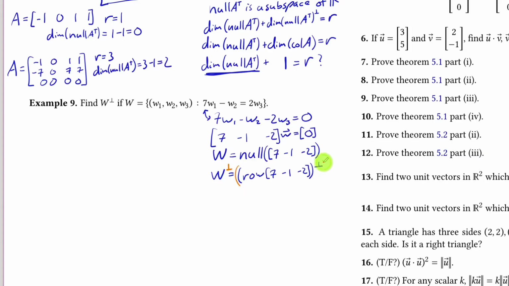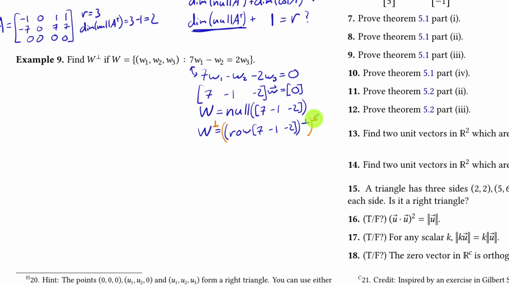So let's just throw another perpendicular on here. And now the perpendiculars will cancel out. So the orthogonal complement of W is just the row space of this, also known as just the span of the vector 7, negative 1, negative 2.